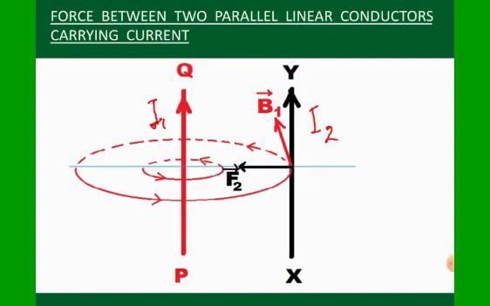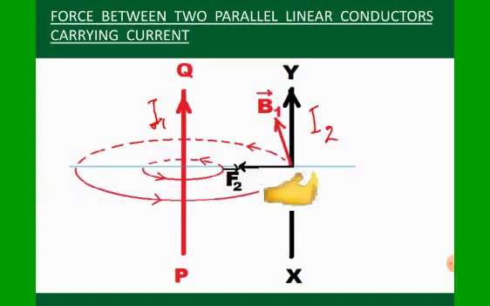Now, if there is a current flowing through the conductor PQ, then by applying the right hand thumb rule, the magnetic field at the position of the conductor XY will be denoted by B1, and it will be directed inward.